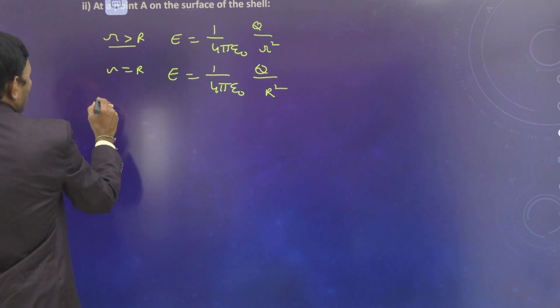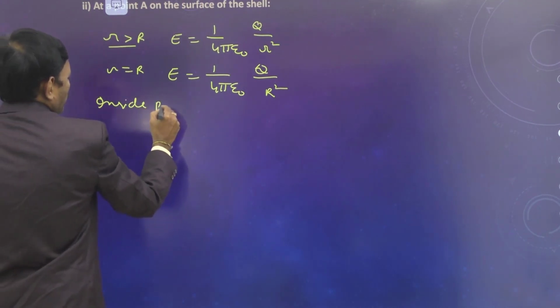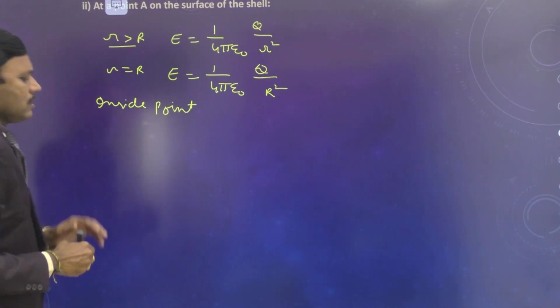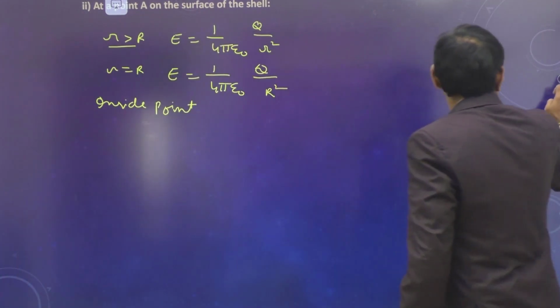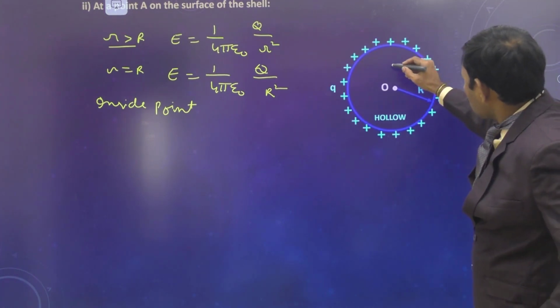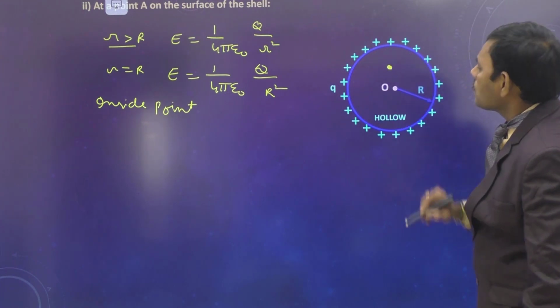Next, at an inside point, if you consider an inside point of the spherical shell, let me show the diagram. Here inside point means here. Case 3, at any inside point.